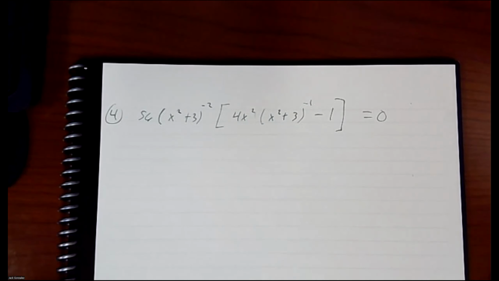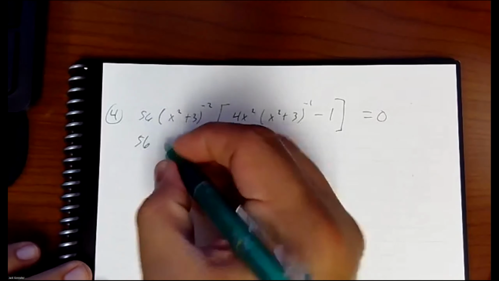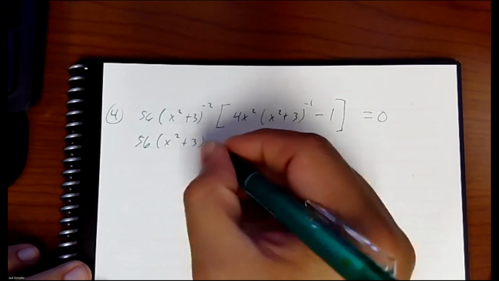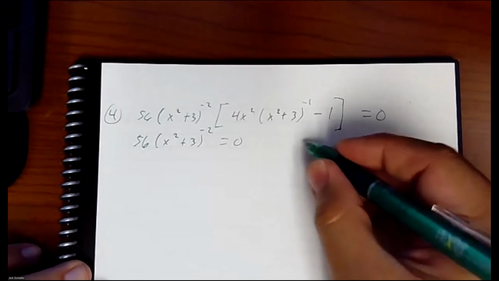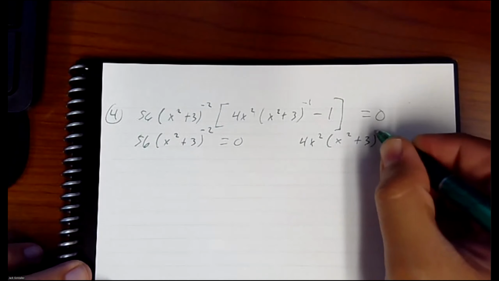So solve for x. It's already factored nicely. So what we will do is set this guy to 0 and set this guy to 0 and deal with this nasty algebra.